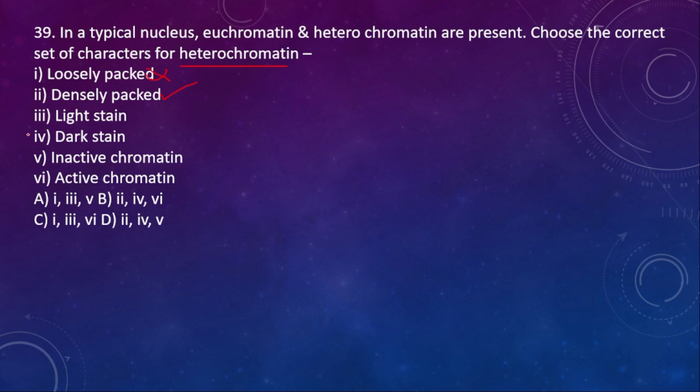Due to that they show dark stain, not light stain. They are inactive chromatin because of the dense packaging. So 2, 4 and 5, that is D. Option D is correct. Heterochromatin is densely packed, darkly stained and inactive chromatin.